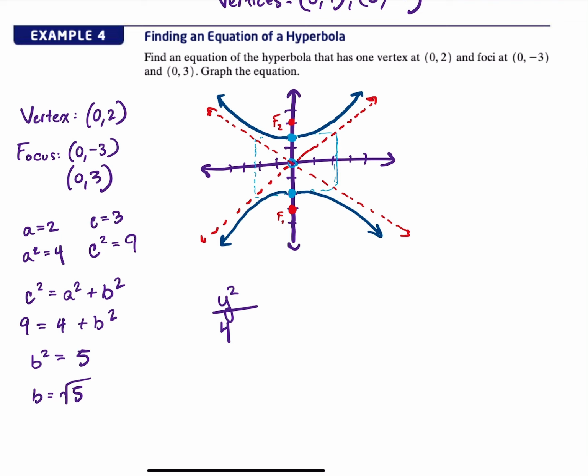I think I left out a marker there on the axis. Yeah, I think I just accidentally erased that. So y squared over 4 minus x squared over B squared, and B squared we're saying is 5, equals positive 1. So that will be the equation of our hyperbola.